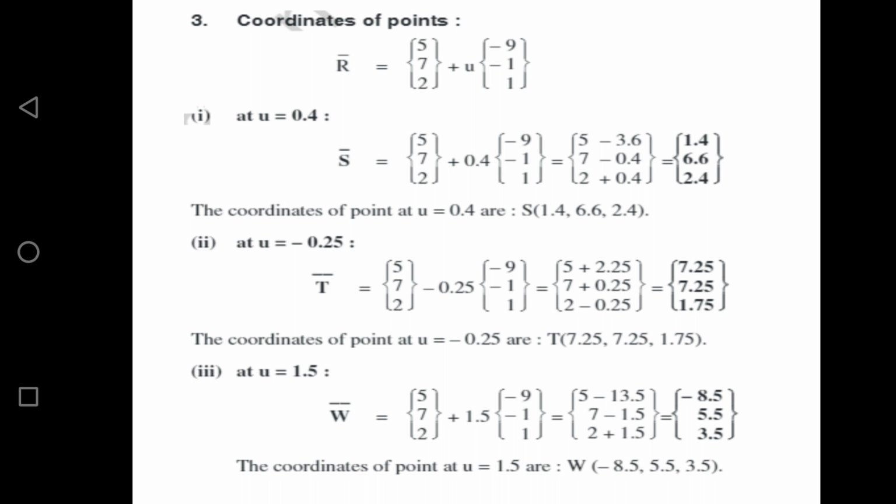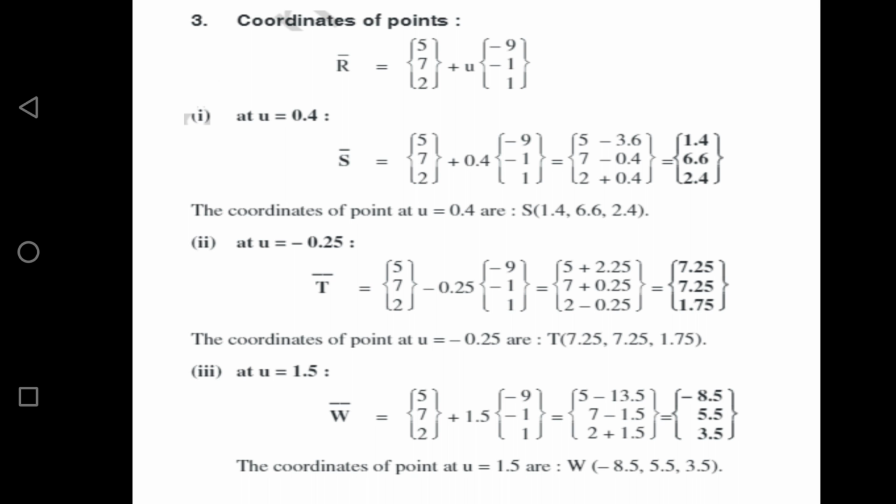We have the parametric equation R bar equal to the column matrix 5, 7, 2 plus u into minus 9, minus 1, 1. We just need to substitute values of u to find out the coordinates of the point at different positions of the parameter u. So further points P, Q, R, S, T.